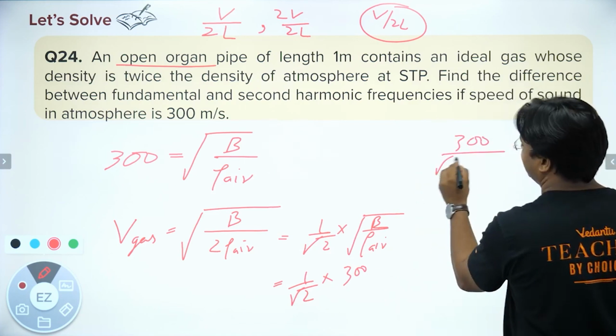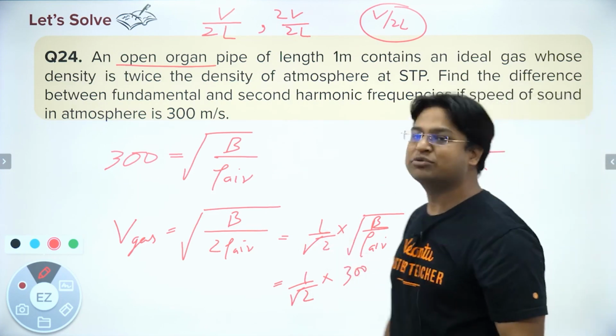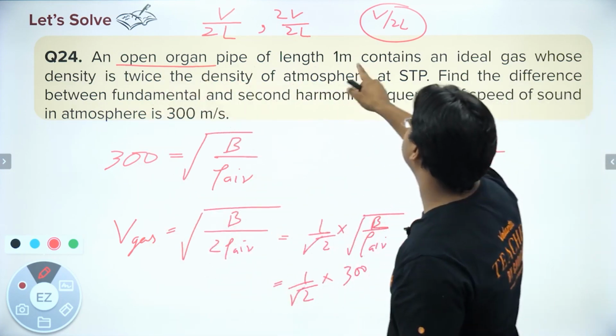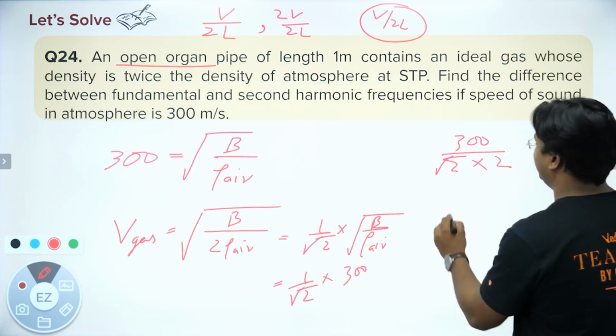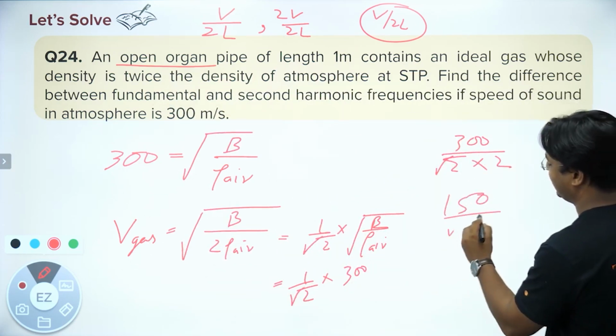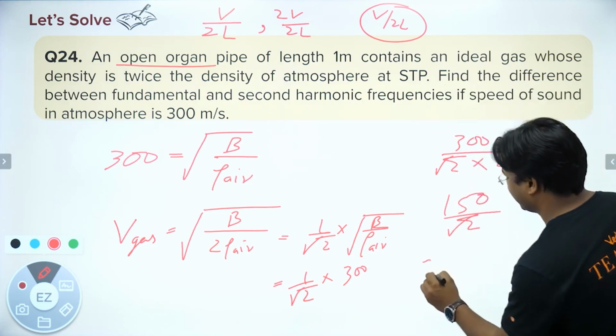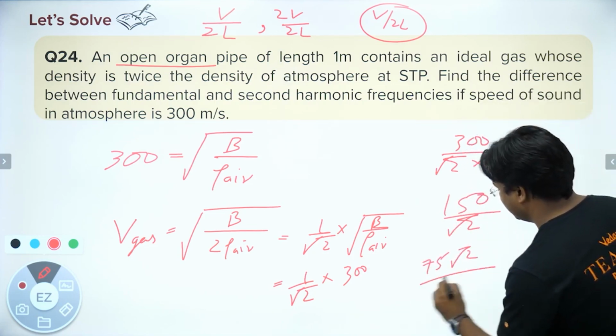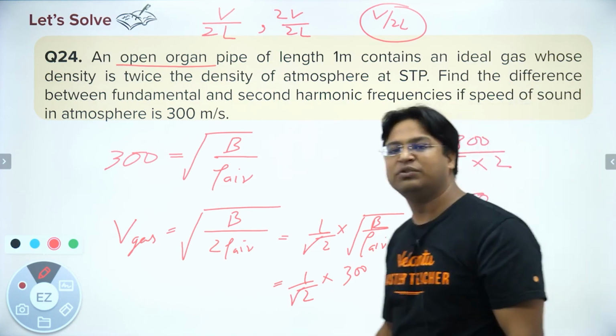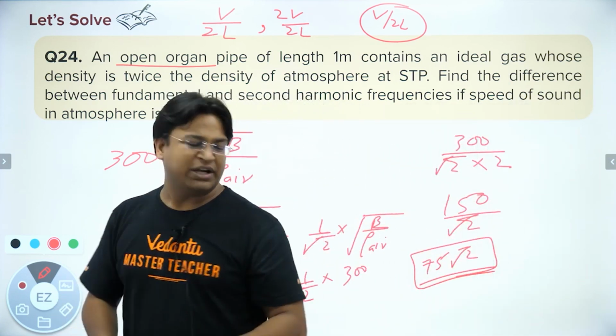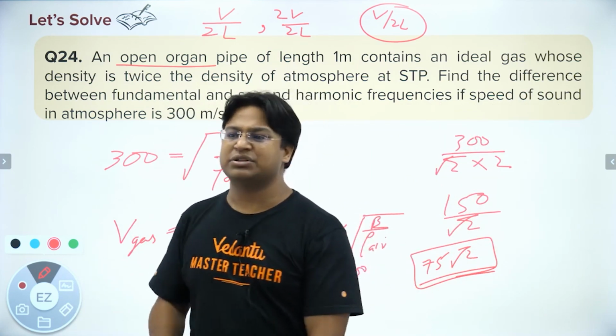We have to divide it by 2 times the length of the pipe. Length of pipe is given to be 1 meter, so we divide it by 2. We end up getting 150 by root 2. I can write it as 75 into root 2. Just calculate this value and you will get the result. It will come close to around 104 and something.